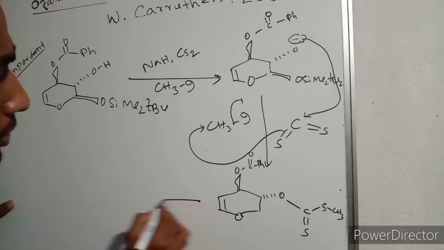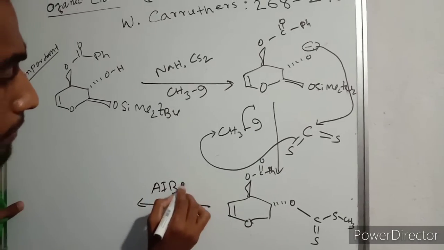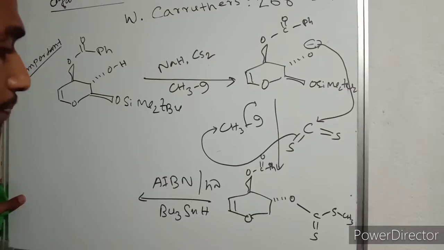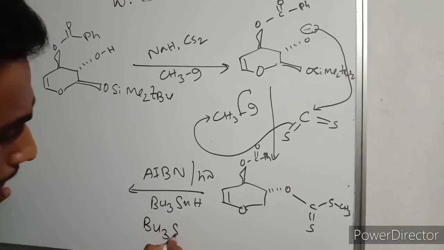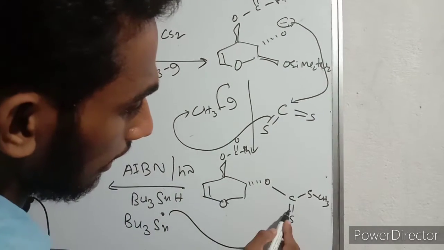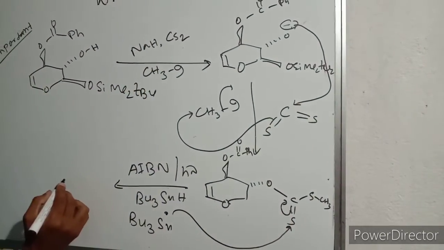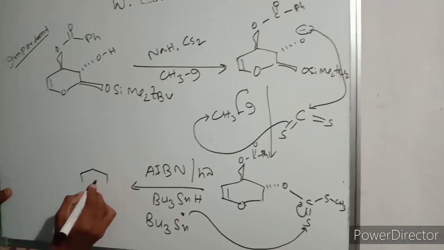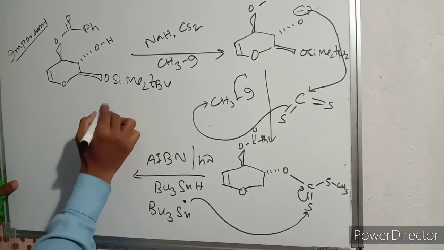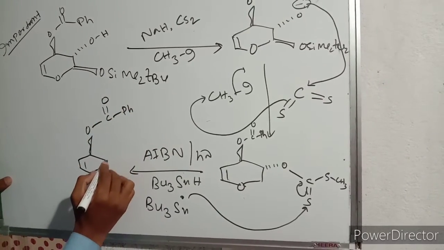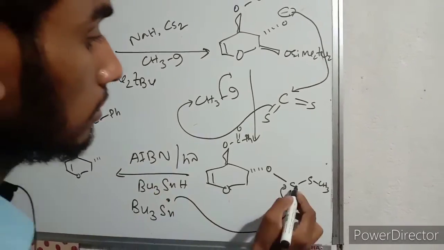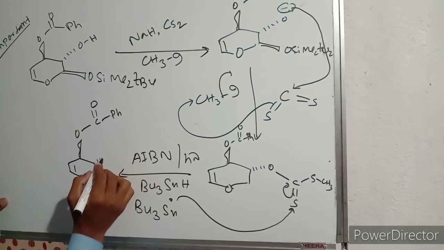And if we treat this substrate with AIBN, h nu and tributyl tin hydride, here the effective radical is the tributyl tin radical. It will attack the sulfur and this carbon will get a radical.